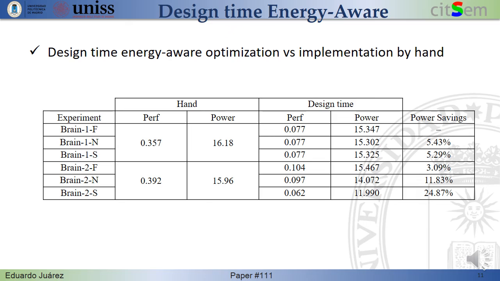Besides, the power savings column expresses the power reduction percentage obtained with the design time optimization loop with regard to the implementation by hand. For brain 1F, power savings are not shown because the performance objective is not reached in this case.